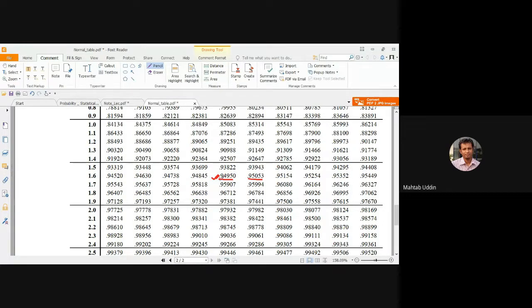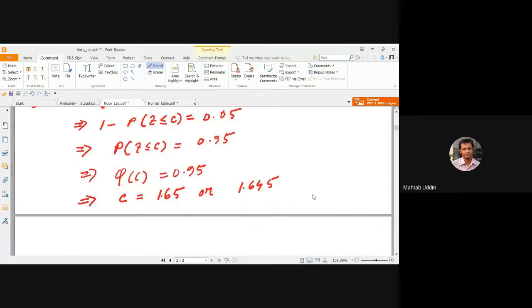So this is closer. So we can write 1.64 here.